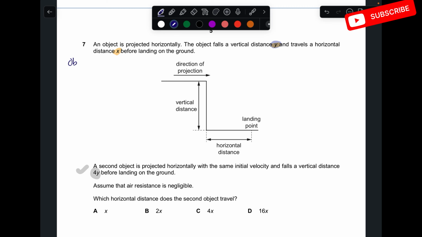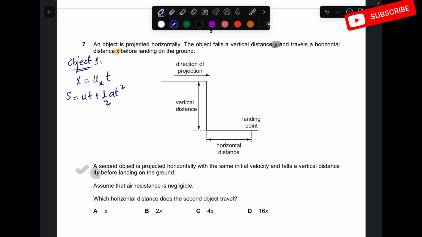For object 1, the horizontal velocity is constant and will not change, so we can write x, the horizontal distance, equals ux into time t. When we talk about the vertical distance, I have to apply the equation of motion s = ut + 1/2 at².